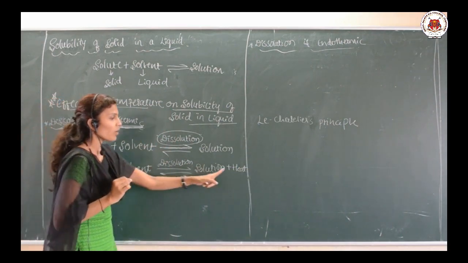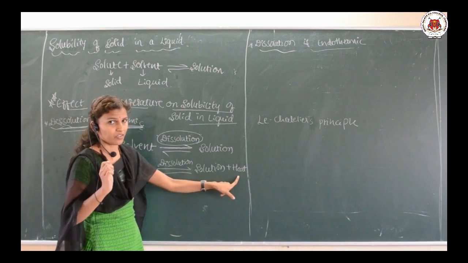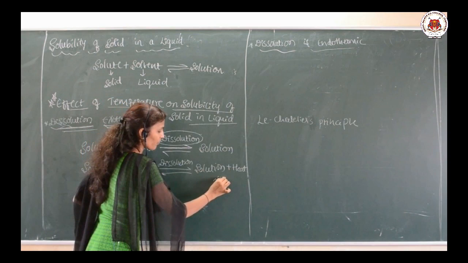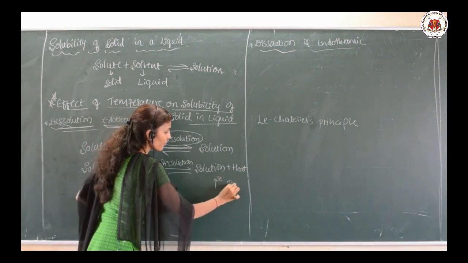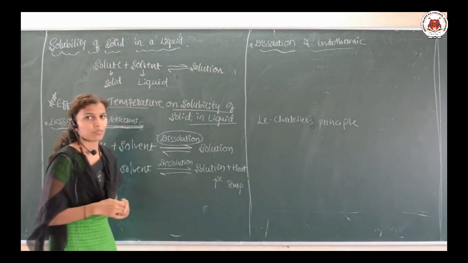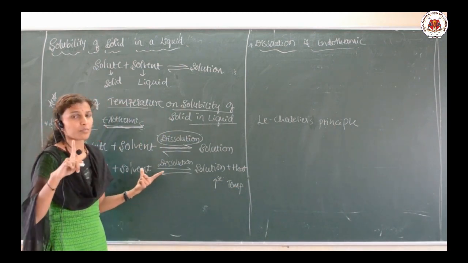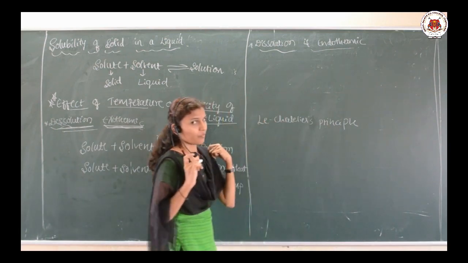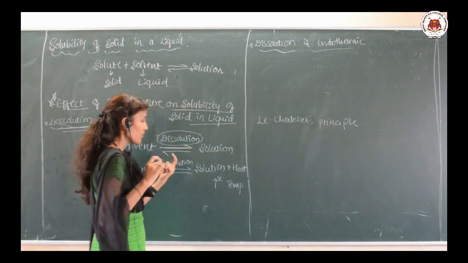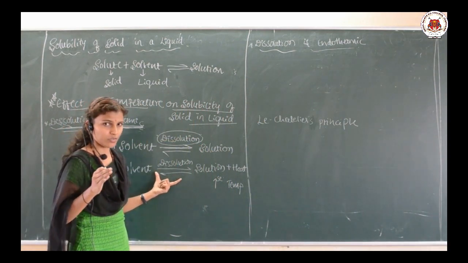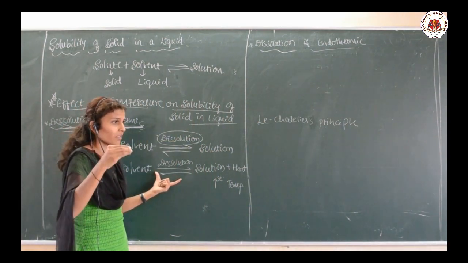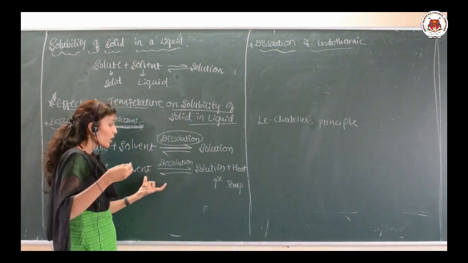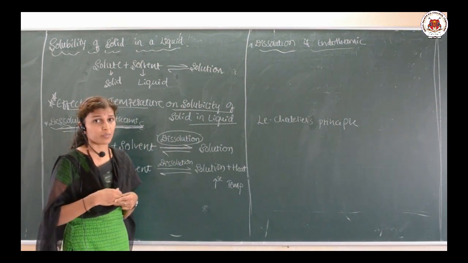Suppose now I am going to increase the temperature. So one principle I am going to tell you here, that is Le Chatelier's principle. Whenever an equilibrium state occurs and there are changes like temperature, pressure or anything, the equilibrium will not accept it.